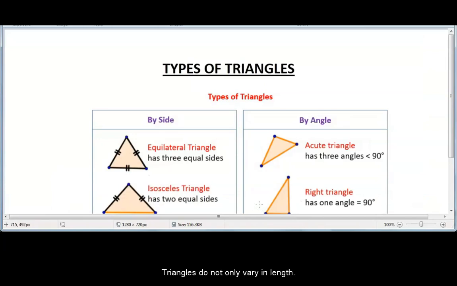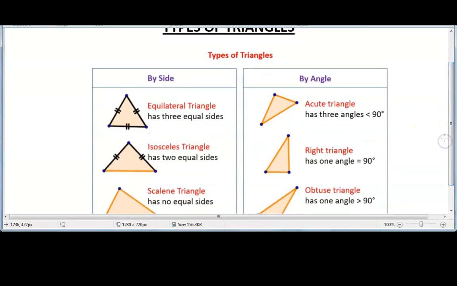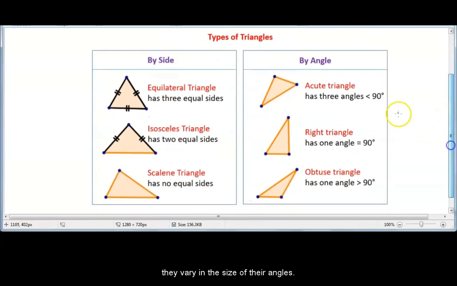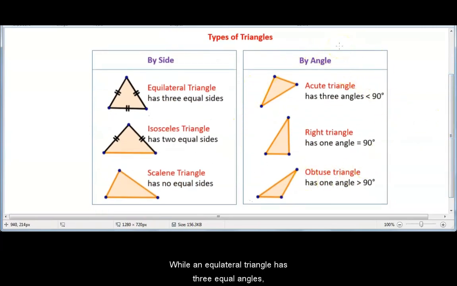Triangles do not only vary in length, they also vary in the size of their angles, just like in this case. While an equilateral triangle has three equal angles, an obtuse triangle has two acute angles and one obtuse angle.